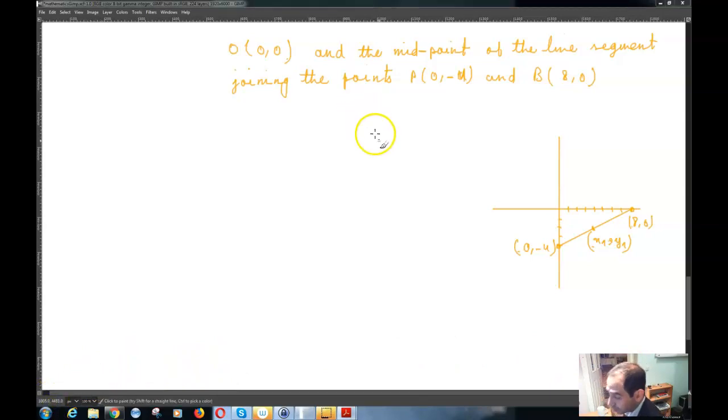Okay, so the midpoint formula, you can derive it from the formula that we used for the coordinates.